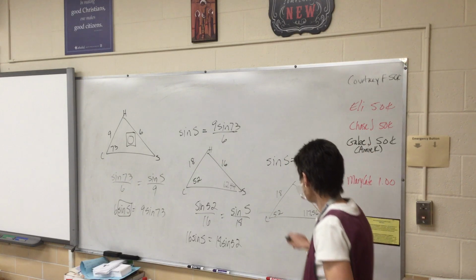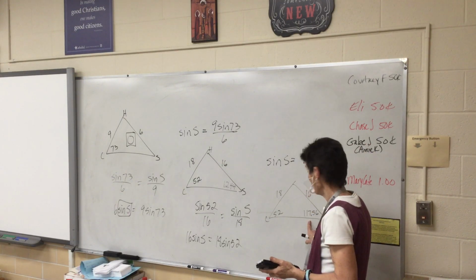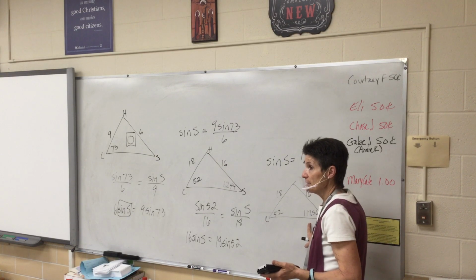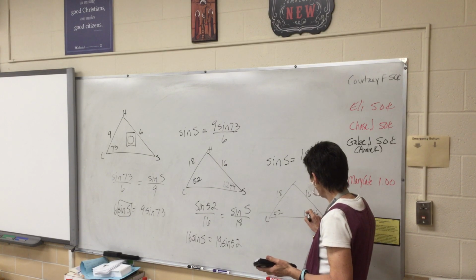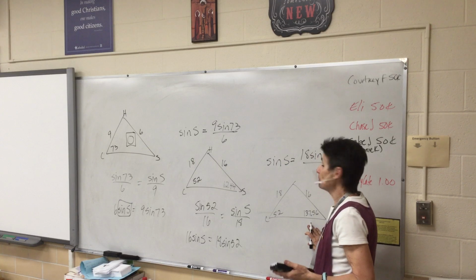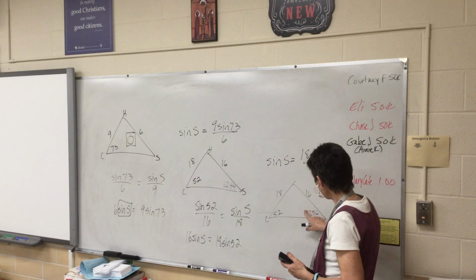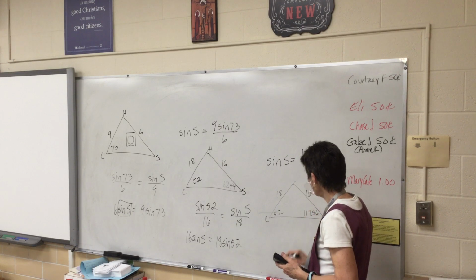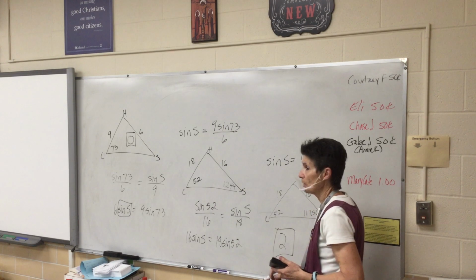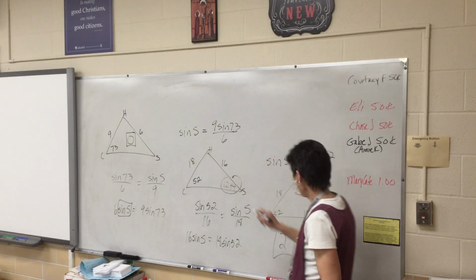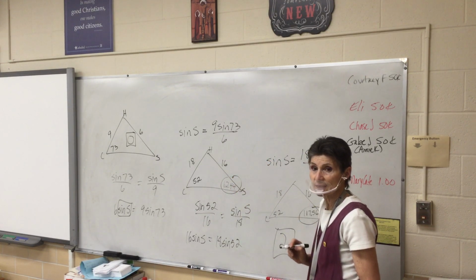Yes, because you can have a triangle with a 52 and a 117. That's okay. Now, if this had been like 137, that would not be okay, right? Because these are more than 180. But because it was a 117, there are two possible triangles. There's the triangle with the 62 and the triangle with the 117.